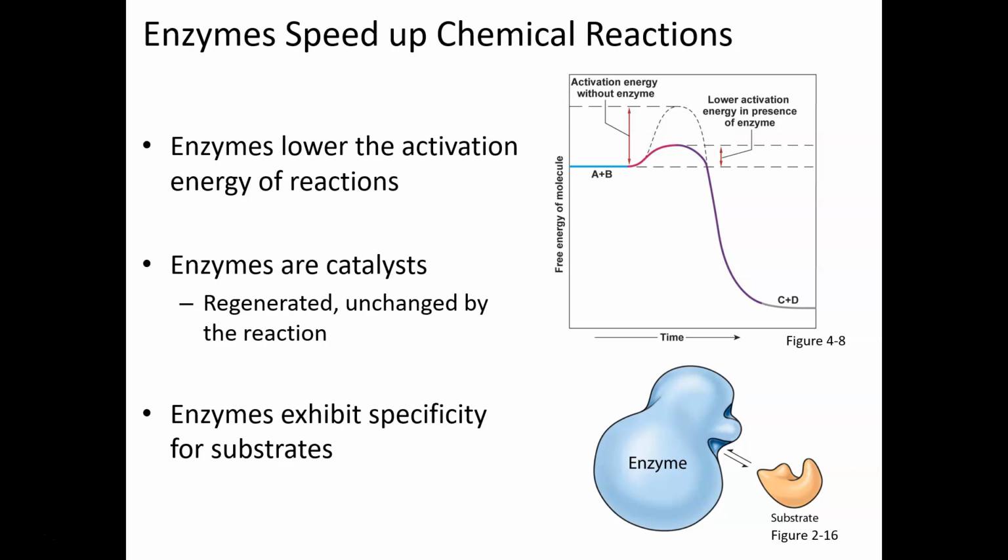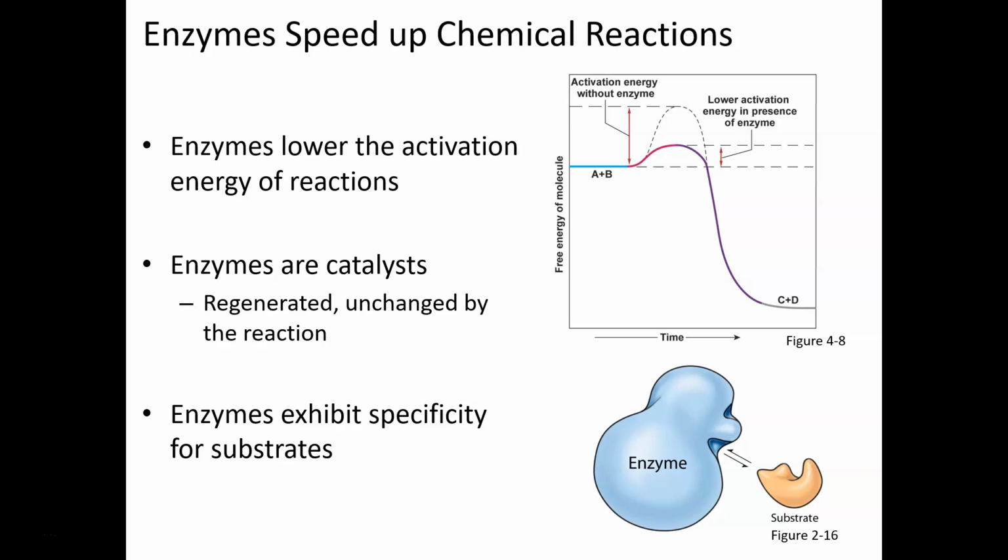So these enzymes show this specificity that's very important. The reason why they do that, and the easiest way to think about it, is that for our purposes most enzymes are proteins.